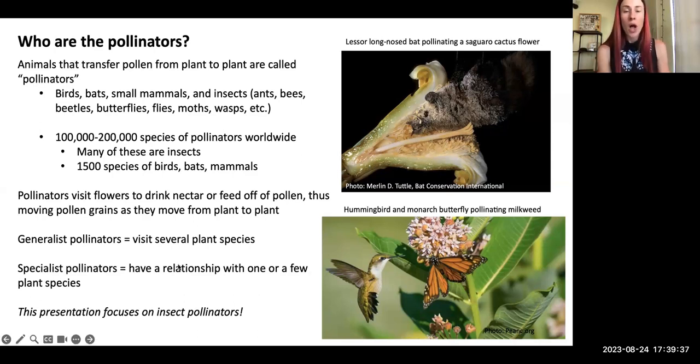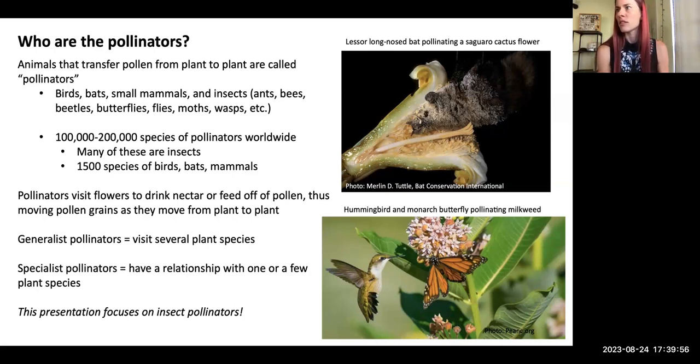There are thousands of species of pollinators worldwide. If we're going to be conservative, you could say around 100,000 species of different animals or pollinators, and most of these are insects. About 1,500 of them are birds, bats, mammals.